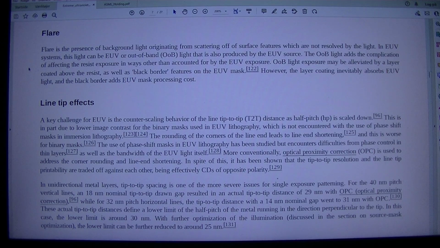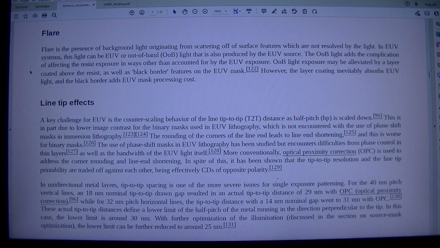The OOB light adds the complication of affecting the resist exposure in ways other than accounted for by the EUV exposure. OOB light exposure may be alleviated by a layer coated above the resist, as well as black border features on the EUV mask.[122] However, the layer coating inevitably absorbs EUV light, and the black border adds EUV mask processing cost.